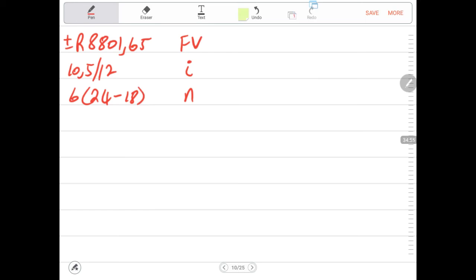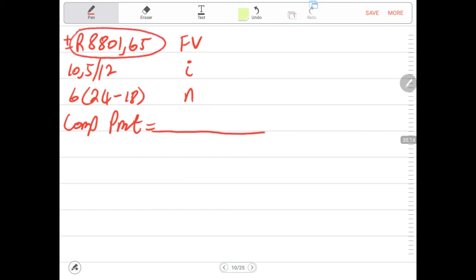So we minus 18 so that we include the 19th month where the first payment will be made. Then we compute PMT. In other words, how much must be paid monthly from month 19 to month 24 in order for us to have the 8,810 rand 65 cents. That is exactly what this question allows us to respond.